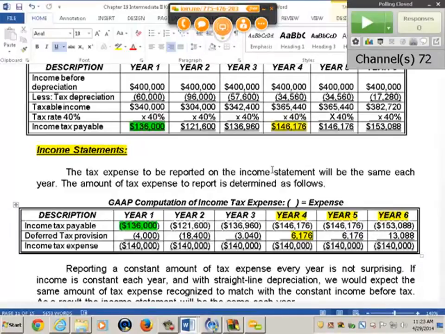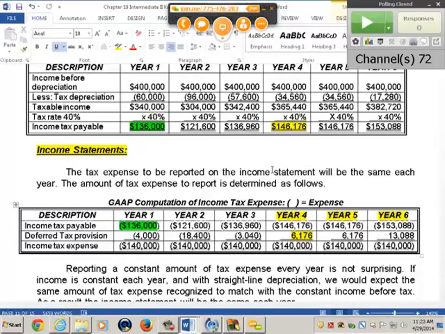In this case, the 6,176, I'm in the tax disadvantage period. What I'm doing, when I pay the government the 146,176, I'm paying back for current economic activity, which is the 140, plus I pay back the previously deferred liability.